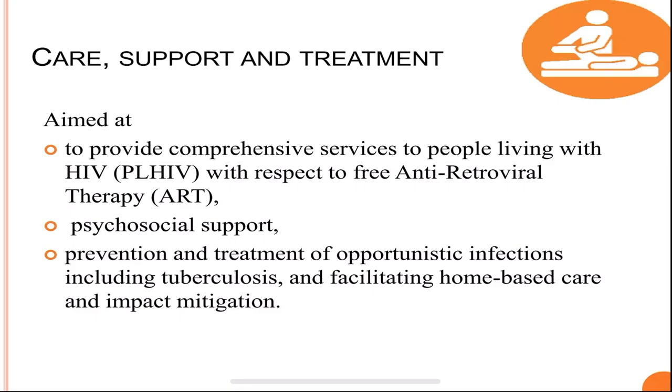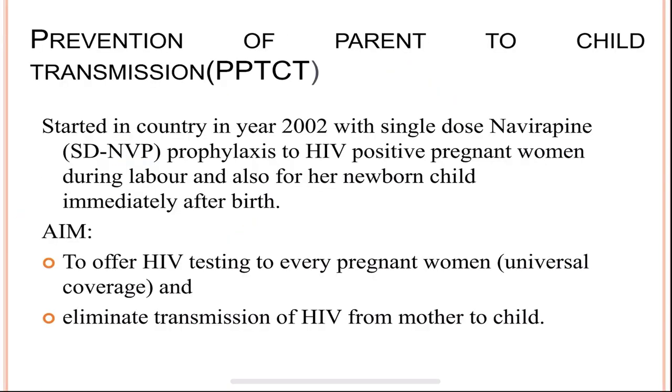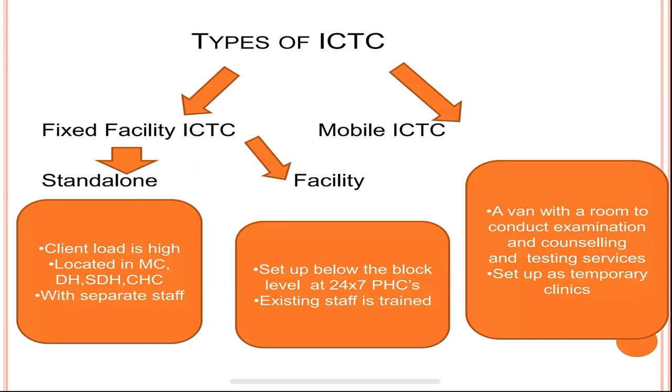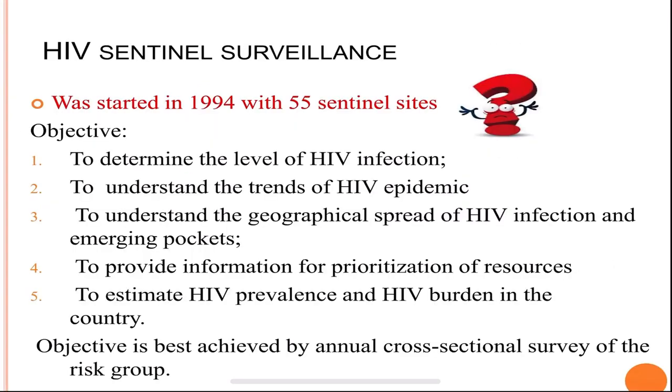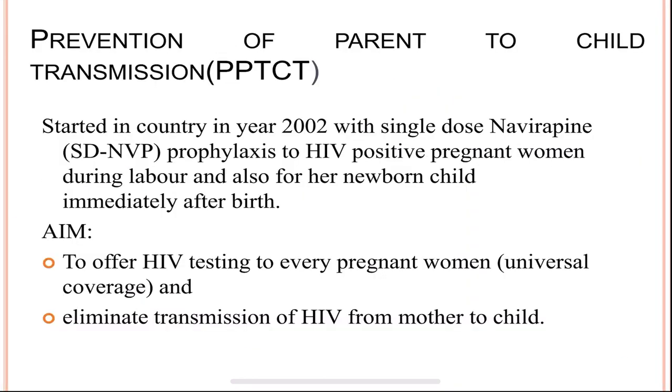The care, support and treatment component is one of the components of the National AIDS Control Program. So far we saw what the components were. The first component was the prevention of parent to child transmission. The components are counseling and HIV testing services, integrated counseling and testing services, where we studied the types.